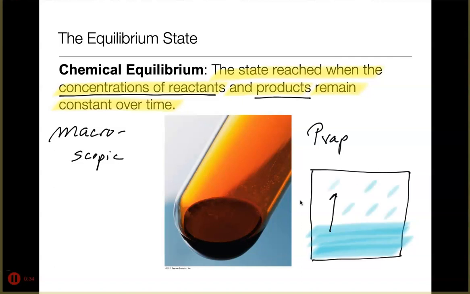And then we said the rate at which the molecules leave the liquid and enter the gas phase is going to be matched by the rate at which those gas particles slam back into the liquid phase until they both hit equilibrium. We define that as a dynamic equilibrium.